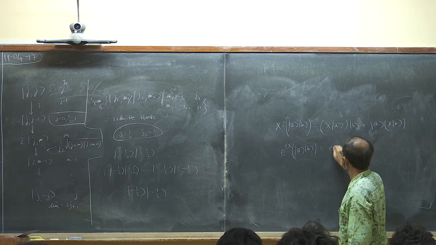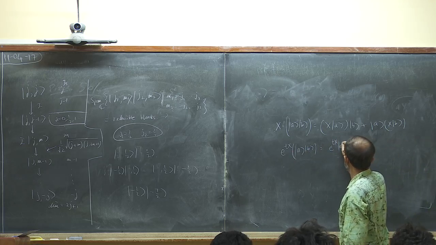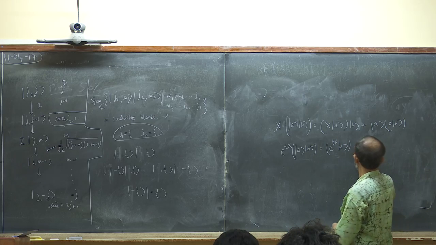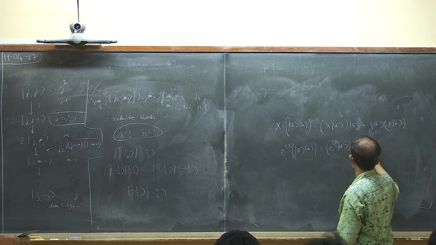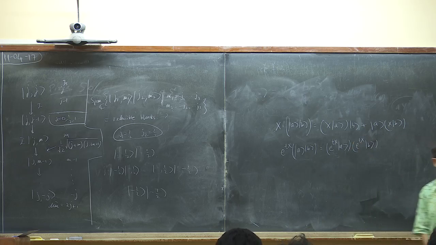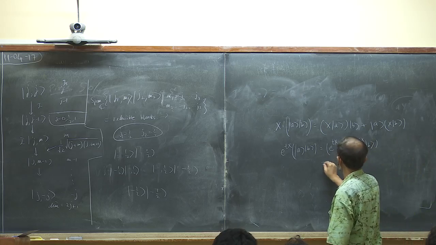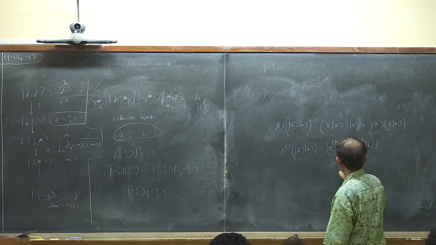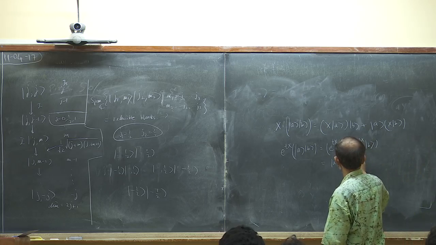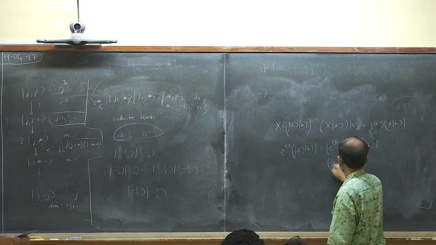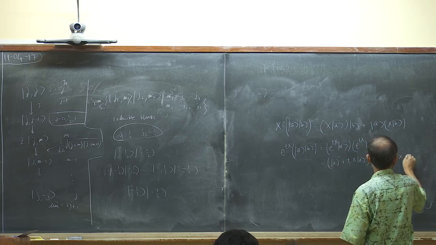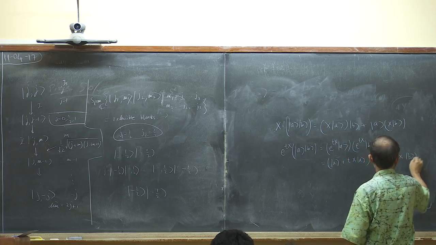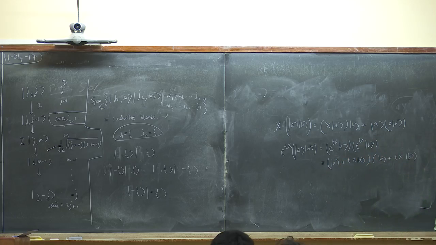So it is e to the power tx acting on A, tensor product with e to the power tx acting on B. Now let us take t to be small. Then this is 1 plus tx. So this is A plus t xA and B plus t xB, and keep only up to linear order in t.